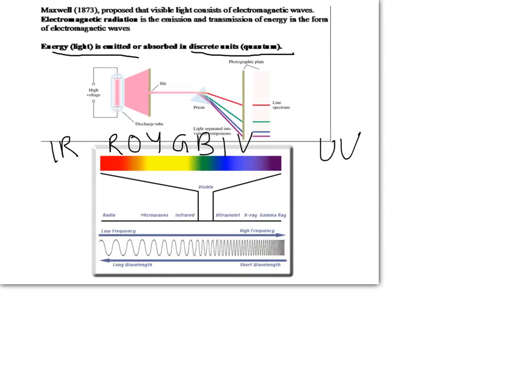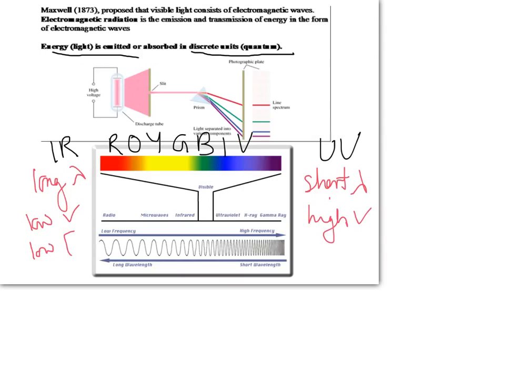So let's just write that down also so we have it here. So these are long wavelength, these are short wavelength. So this is low frequency, this is high frequency. And then also remember that energy and frequency are directly related. And so this would have low energy, this would have high energy.